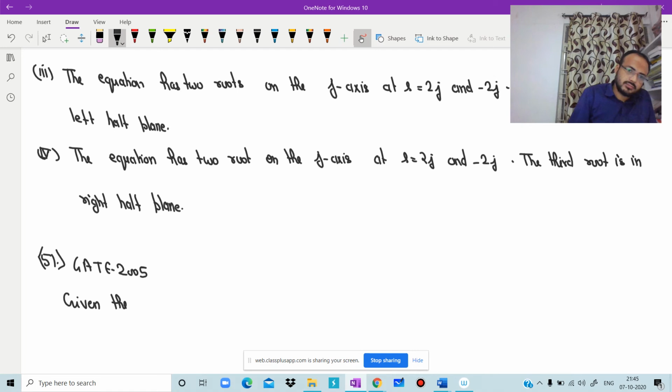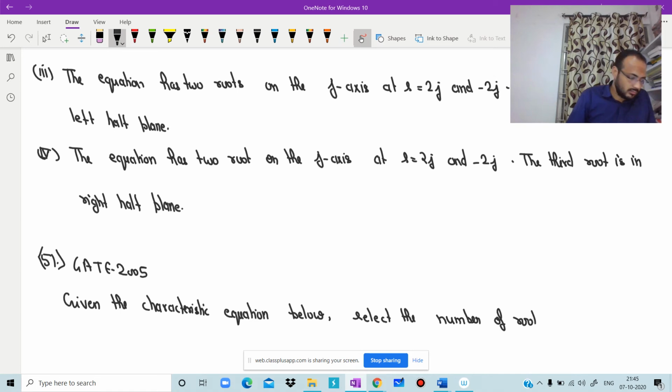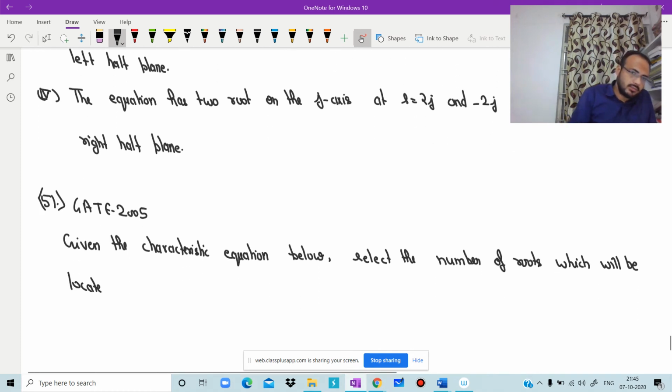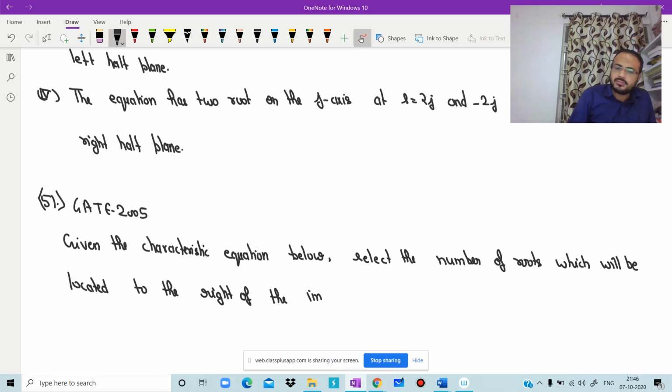Given the characteristic equation below, select the number of roots which will be located to the right of the imaginary axis.